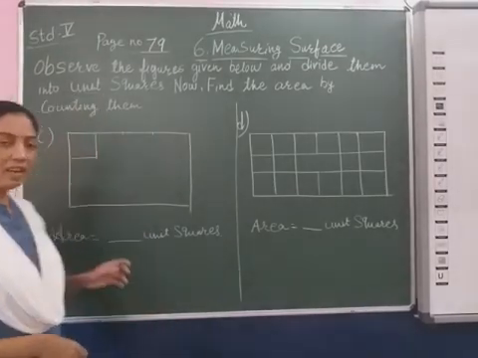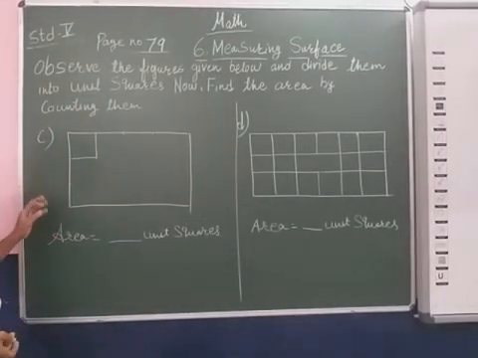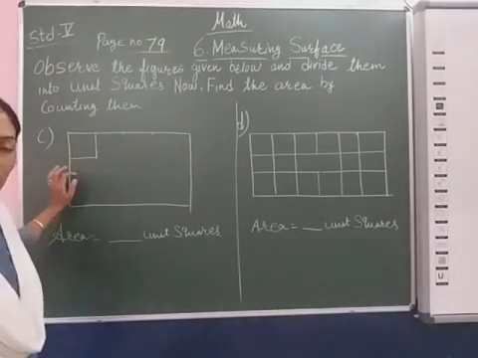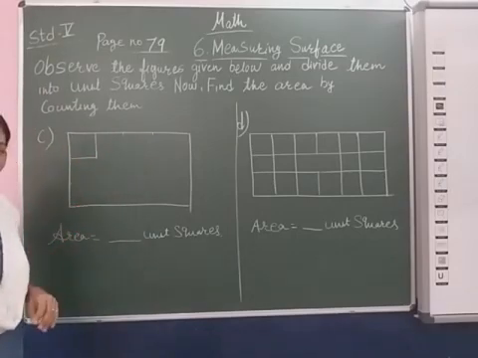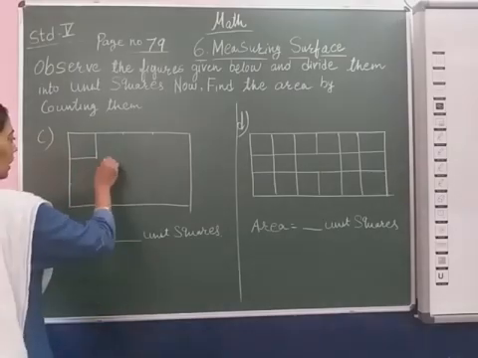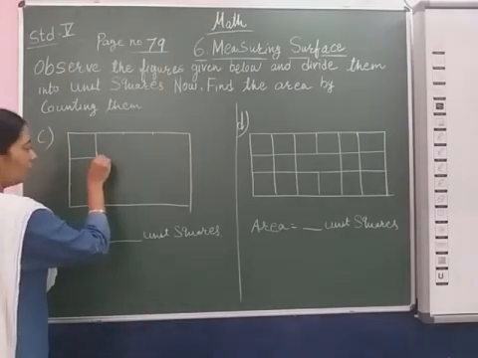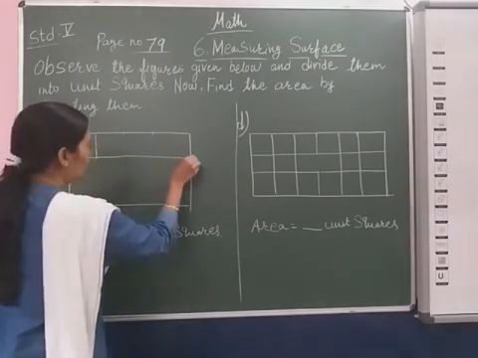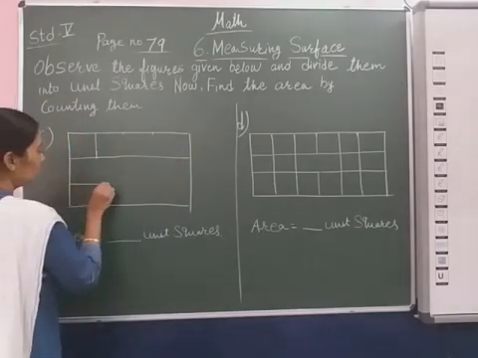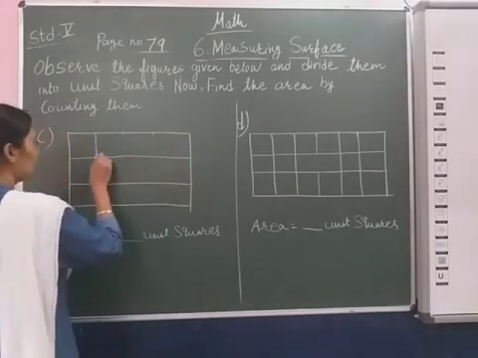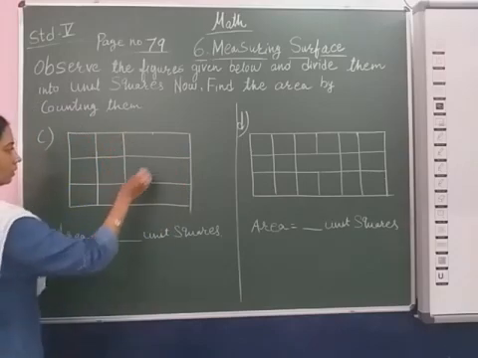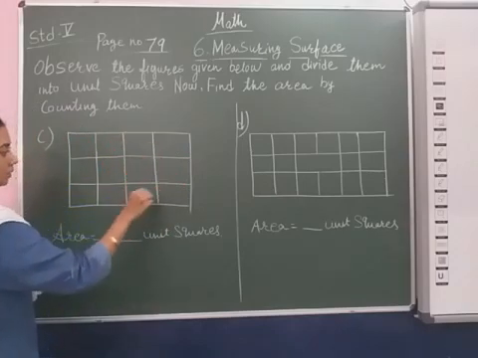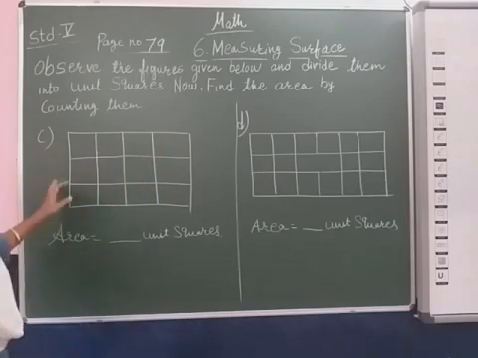Students, in C question you can see this figure, that only 1 unit square is given. Now we have to divide the rest of the area, so we can stretch this line. So we can divide this into unit squares. Yes, now we get this.